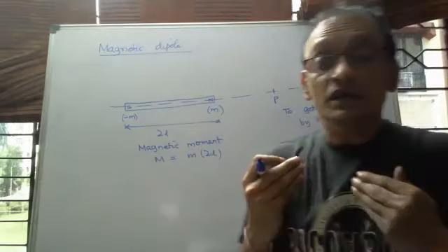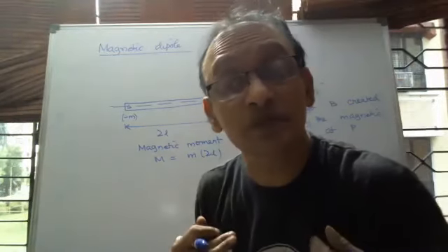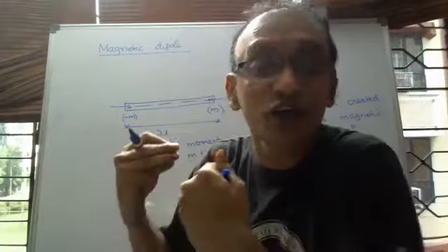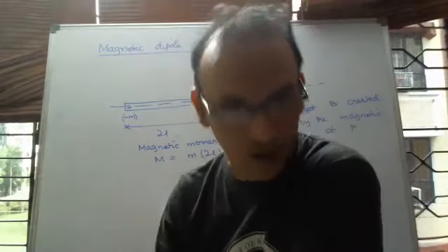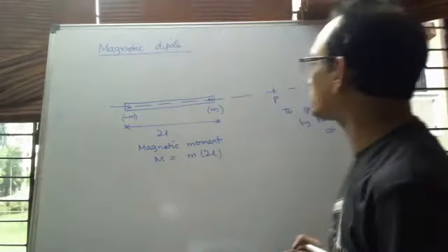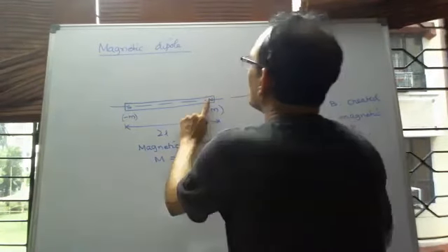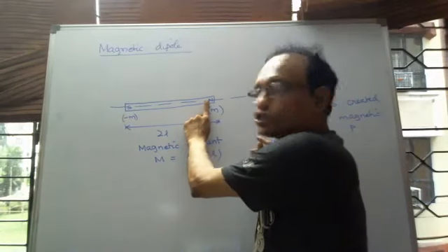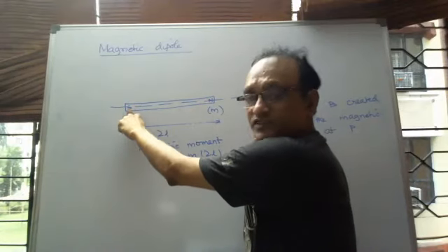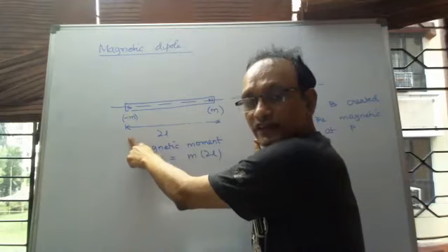Field will be in the direction of the force experienced by an isolated unit north pole. That will give me the direction of it. Now, the field at this point P will be because of this north pole and because of this south pole of pole strength minus m.